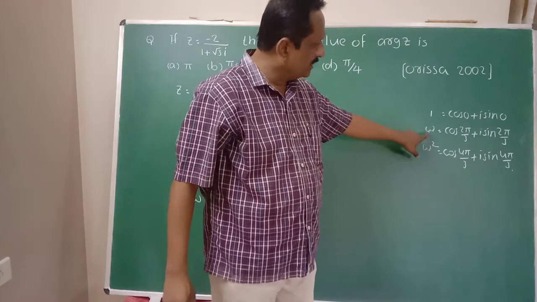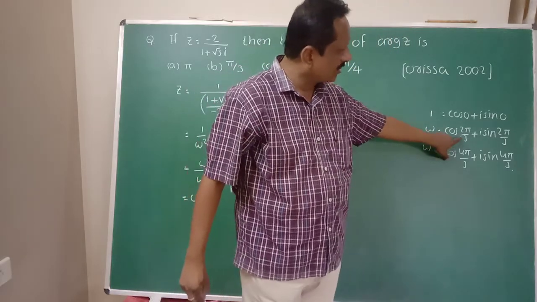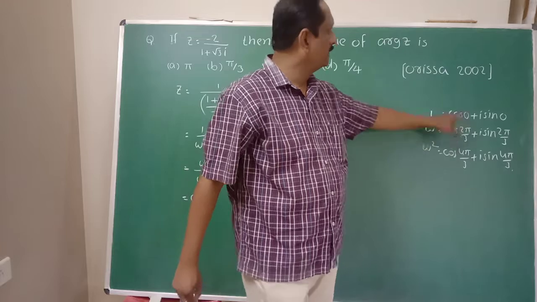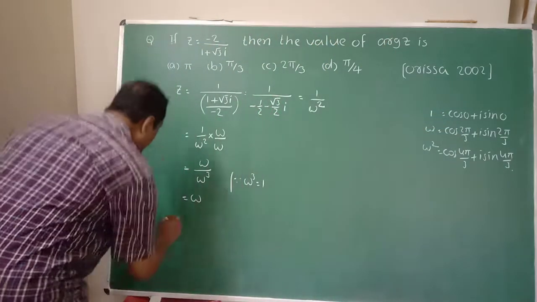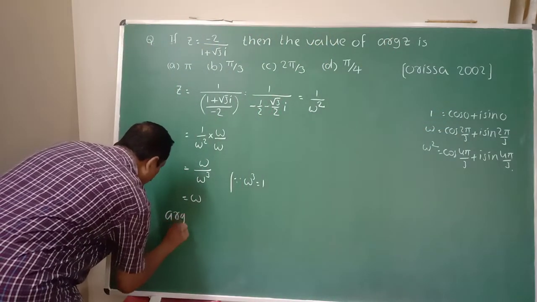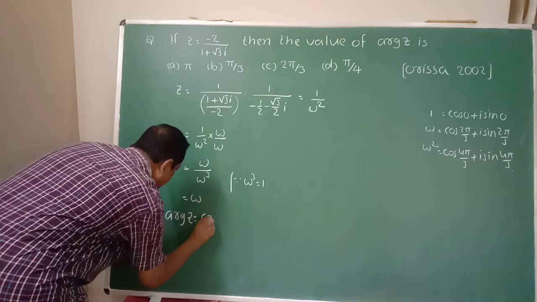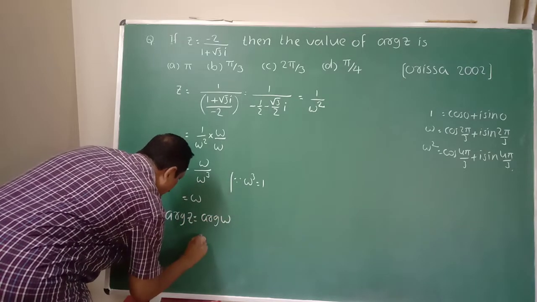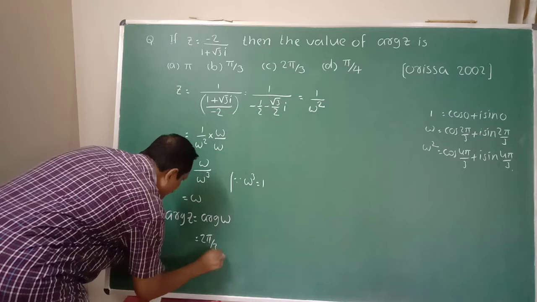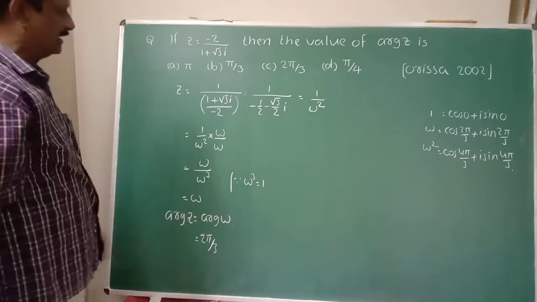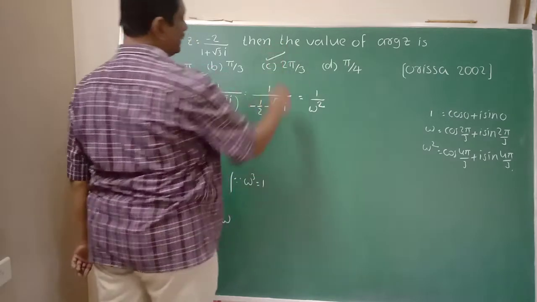Obviously omega's argument is 2 pi upon 3. Therefore argument of z is argument of omega, which is 2 pi divided by 3. Argument means angle. Yes, C is the correct option, 2 pi upon 3.